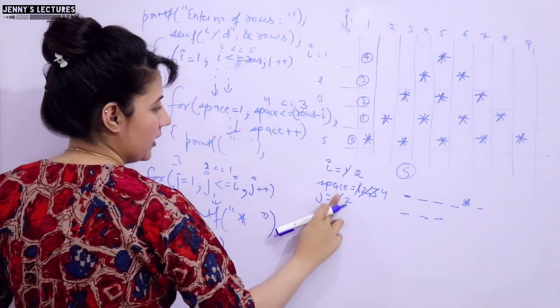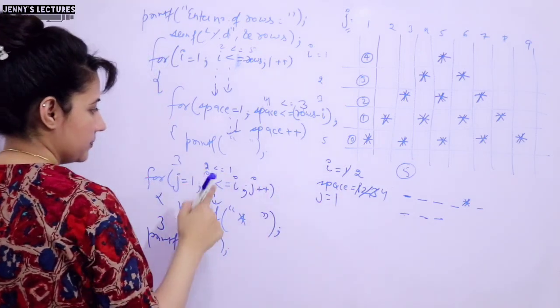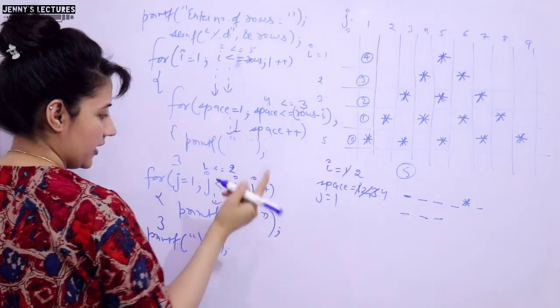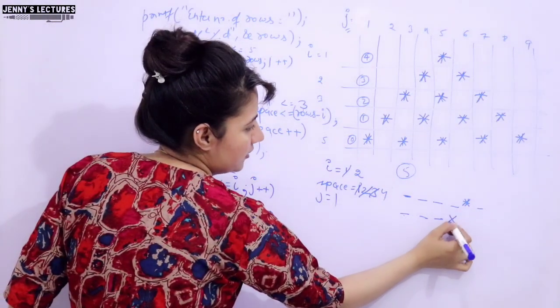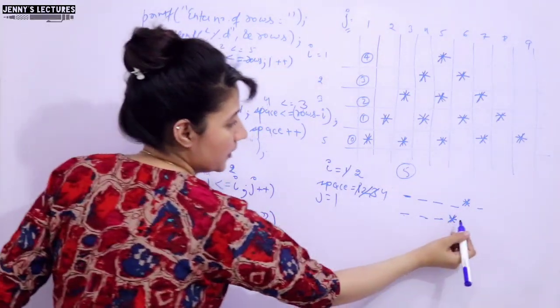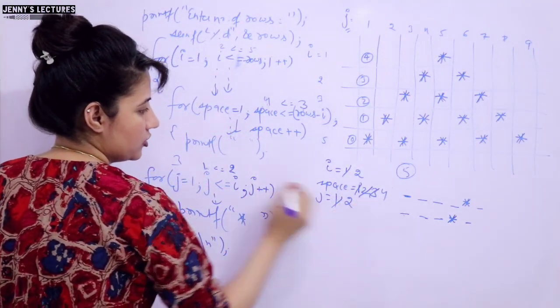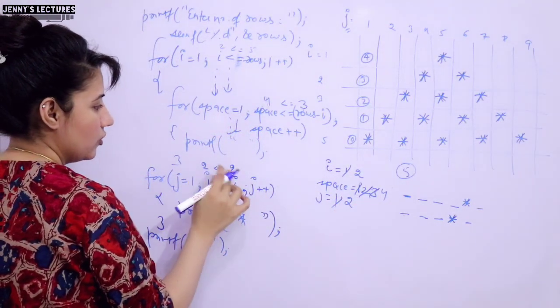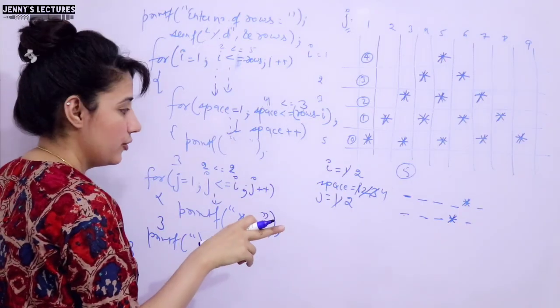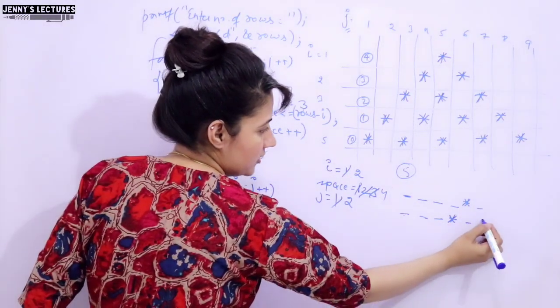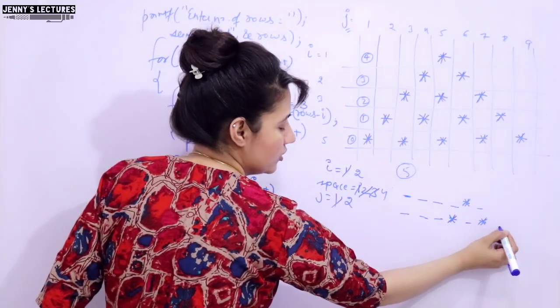And now j would again be initialized with 1. Now 1 less than equal to I value, which is now 2. Yes, condition true. Here print star and 1 space. Now j plus plus, j is 2. Is 2 less than equal to 2? Yes, condition true. Now again enter here and print a star and 1 space.